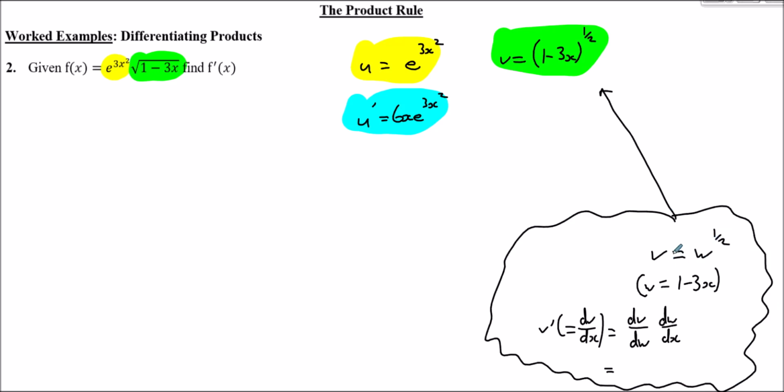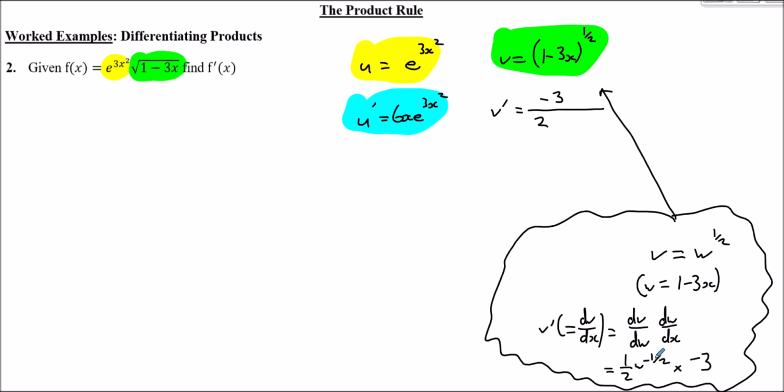So differentiate v with respect to w will give us a half w to the minus a half, and then multiply that by dw by dx. If w is 1 minus 3x, differentiate this, just simply gives us negative 3. And so therefore v dashed is going to be minus 3 halves w to the minus a half.